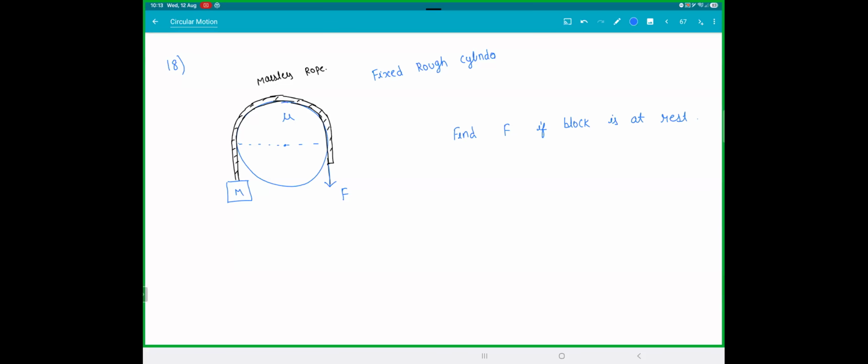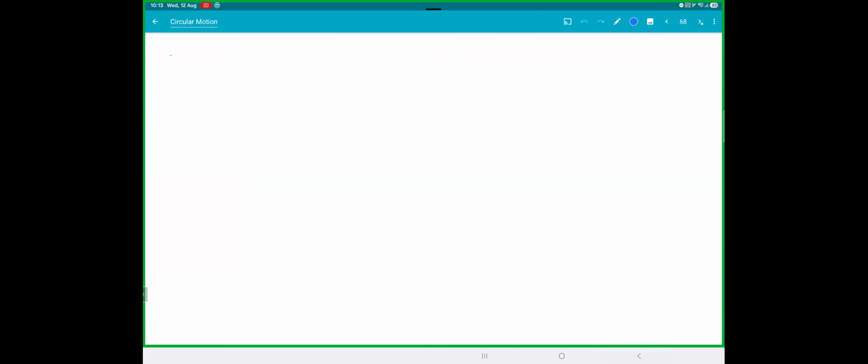Let's see. Listen carefully. Actually, you get a range of answers. I told you this before. Whenever you hear the word friction and equilibrium, you always get a range. Now, imagine a situation where you're applying a maximum force, then the block will try to go up. So let me take that scenario. F max. Block tries to go up.